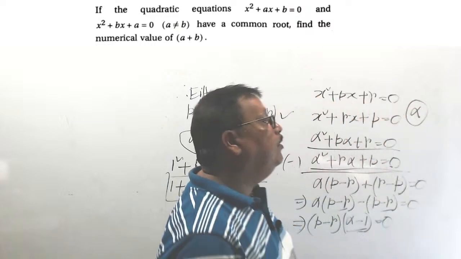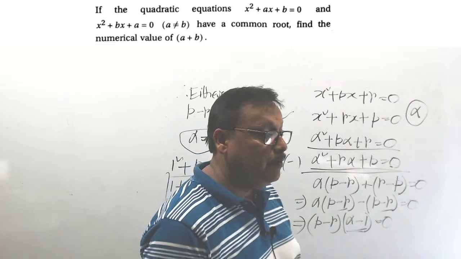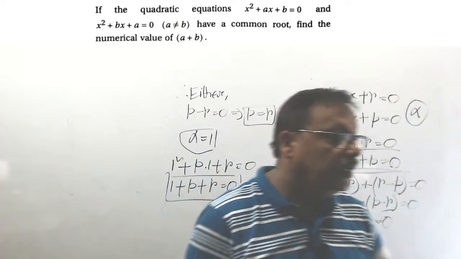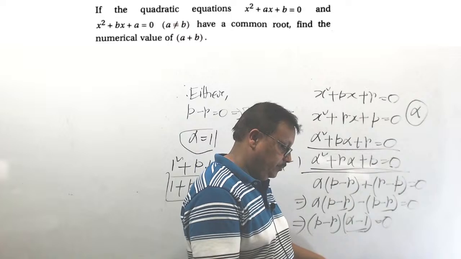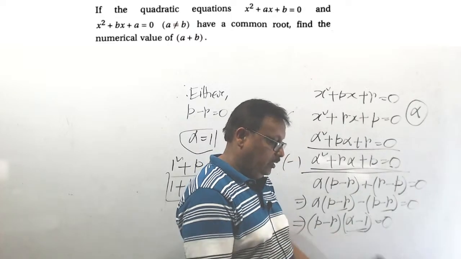Maximum and minimum values of quadratic expression. This is very important. How to find them? And what are these actually?